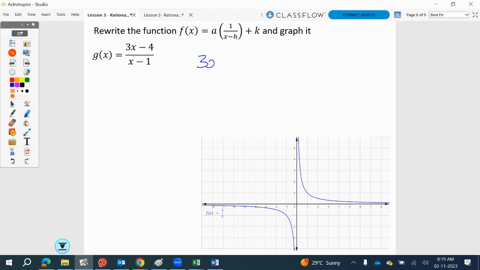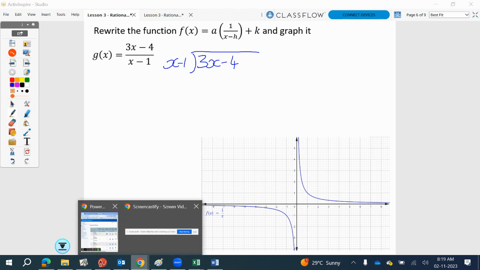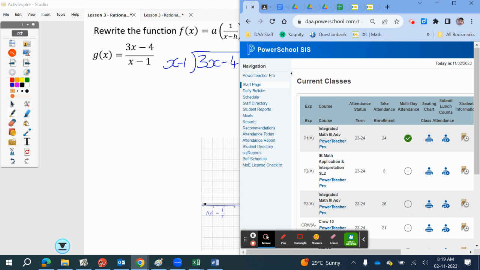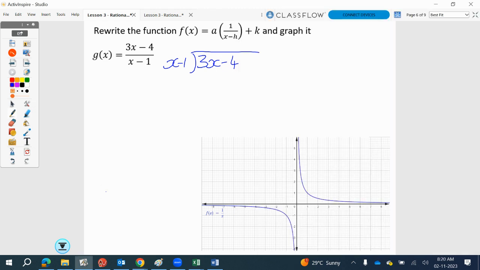We've got 3x minus 4 being divided by x minus 1. What do we need to multiply x by in order to get 3x? 3 seems sensible.